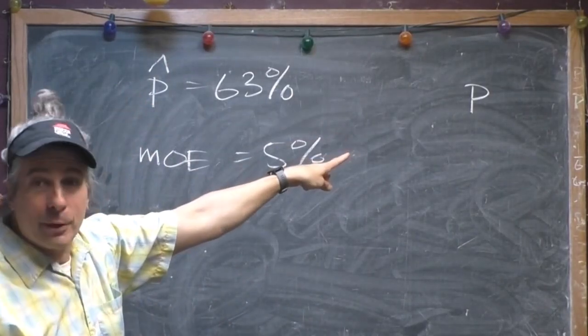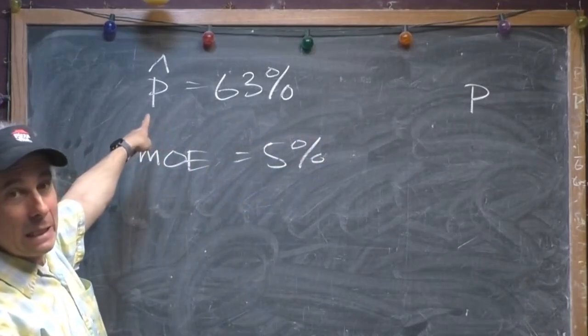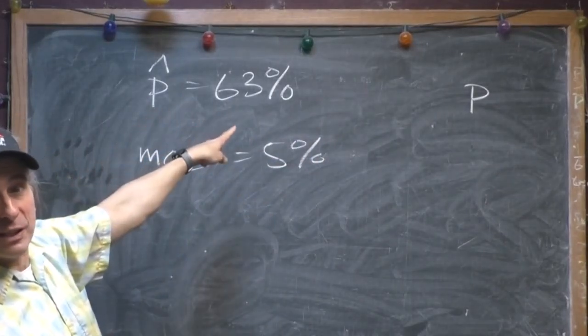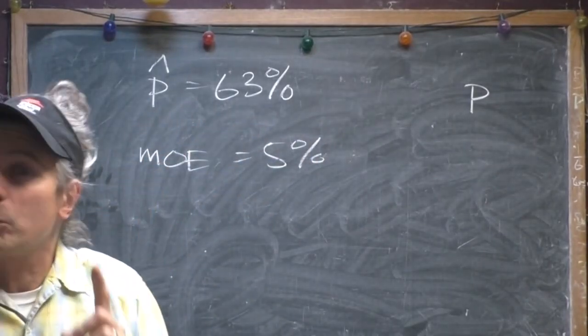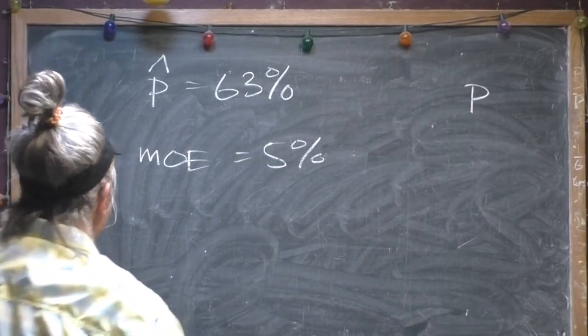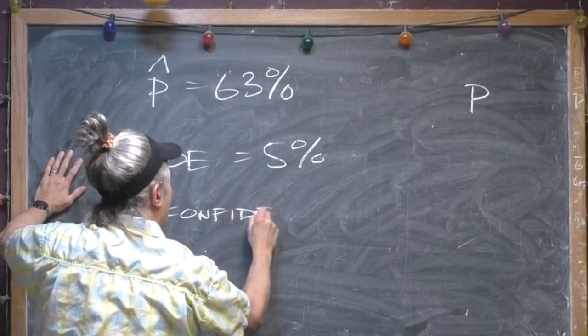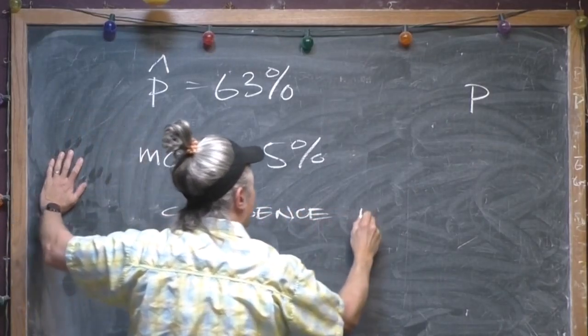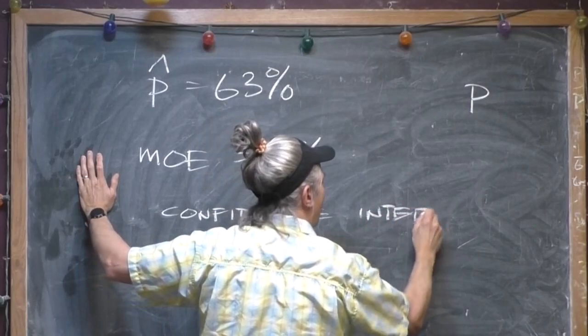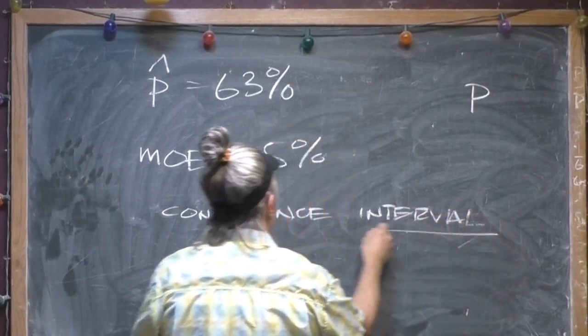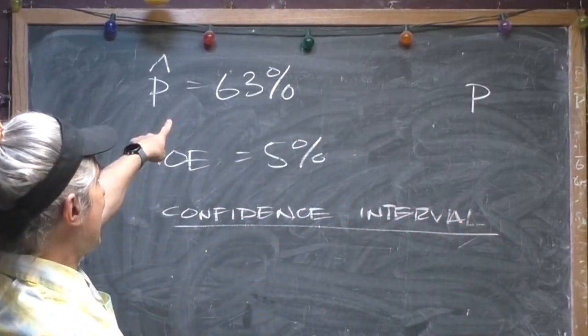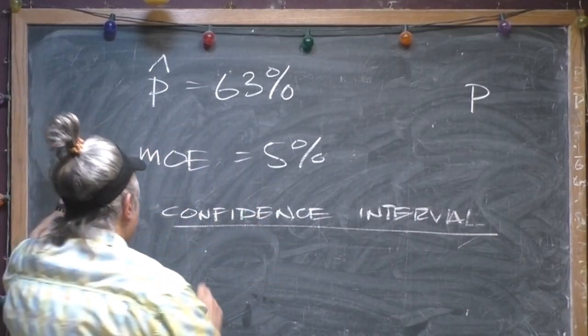So that parameter that we want is close to this p-hat value of 63%. If the margin were 5%, that would mean that my confidence interval for the response rates of this drug is going to be 63% plus or minus 5%.